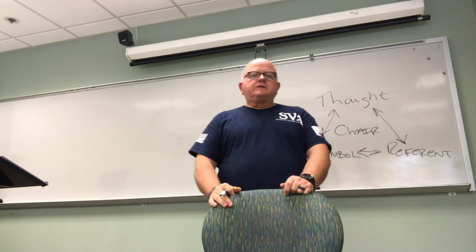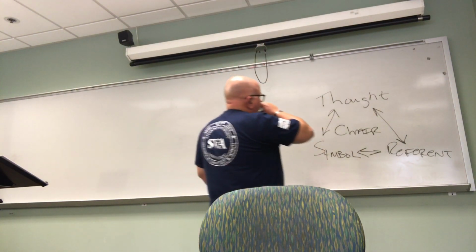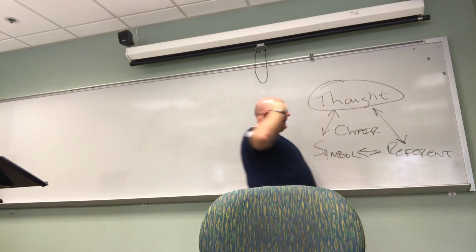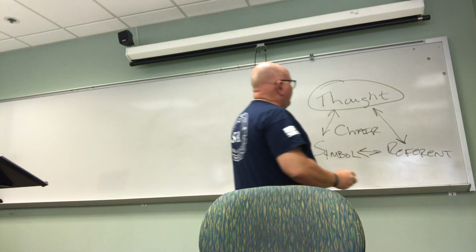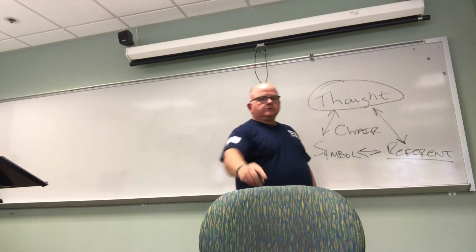So I want to tell you about this chair. Well, first of all, I have the thought in my head that I want to communicate to you. Chair. I have a referent, which is this thing here. Chair.